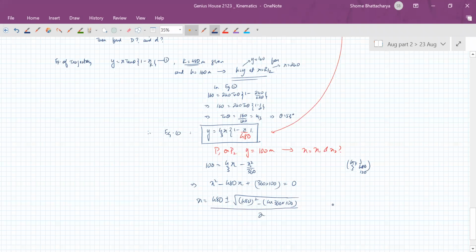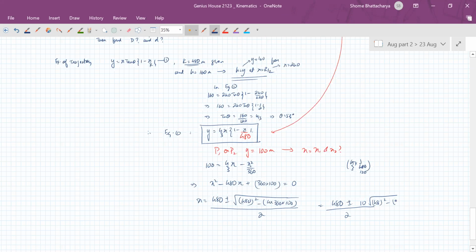So what we can do here is take 10 outside, and something else also we can take outside, because this term is 48 square. So let's start by taking 10 outside. What we're left with is 48 square minus 360 into 4 now.